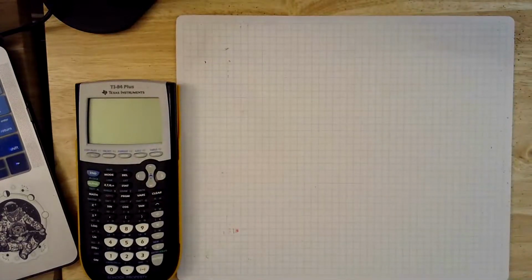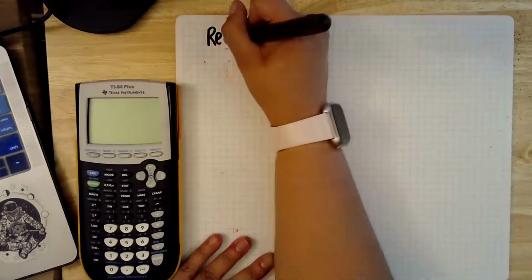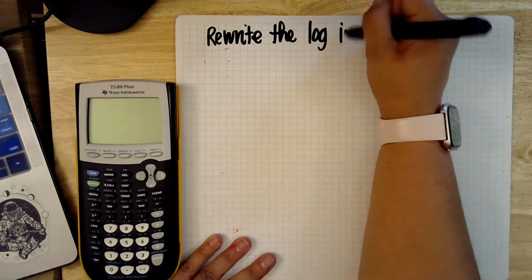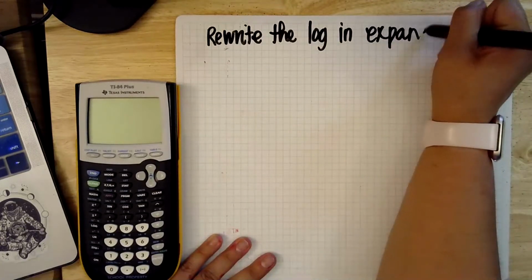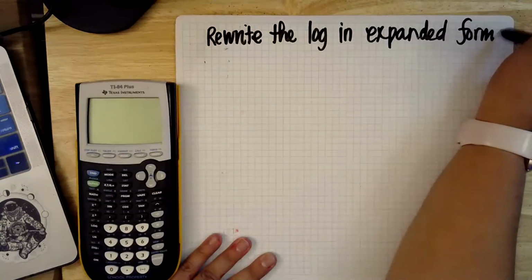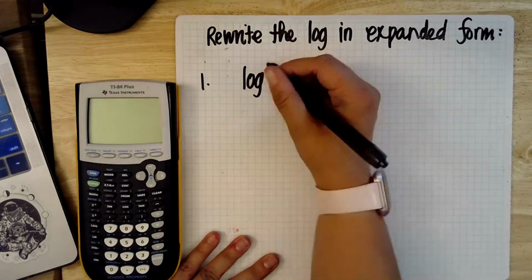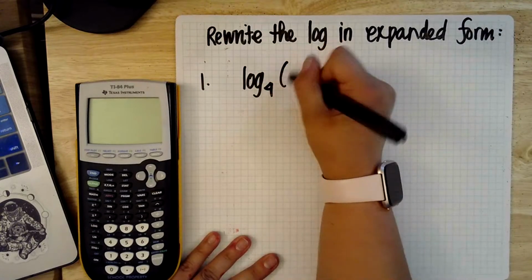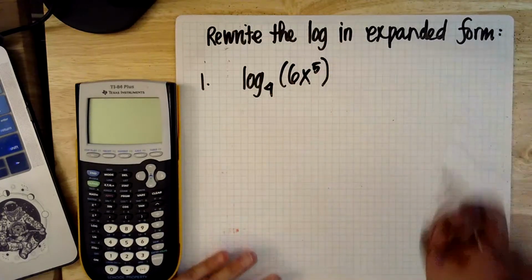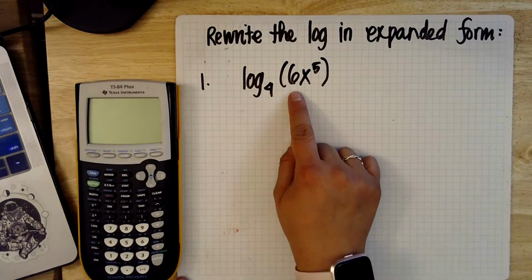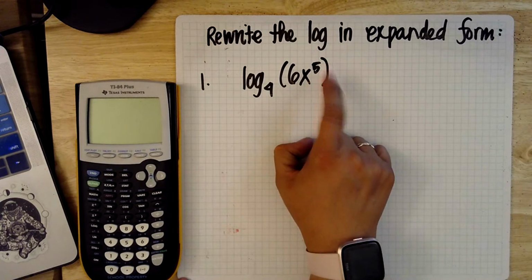First, we're going to do expansion. So I'm going to say rewrite the logs in expanded form. I'm going to start with log 4 of 6x to the 5th power. So I have a couple things going on here. I recognize that I do have some type of product and I do have a higher power.